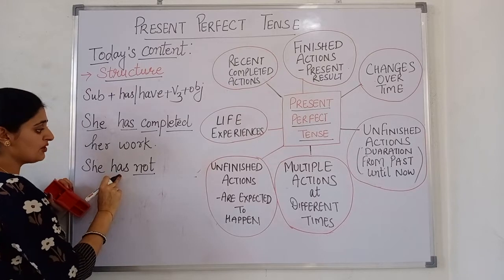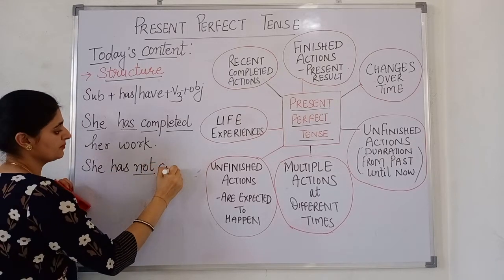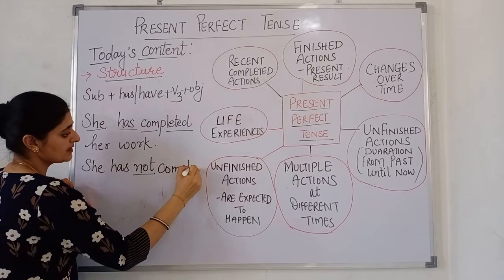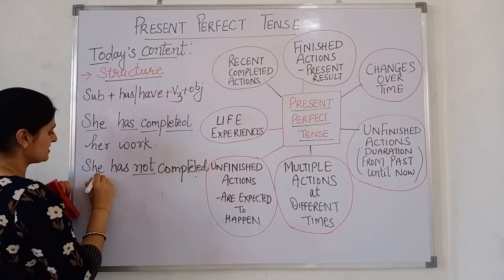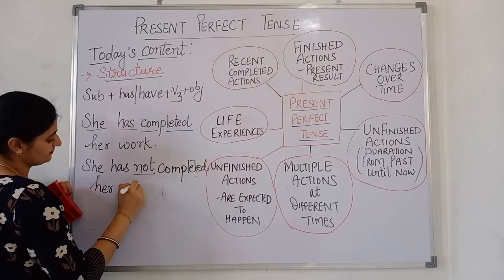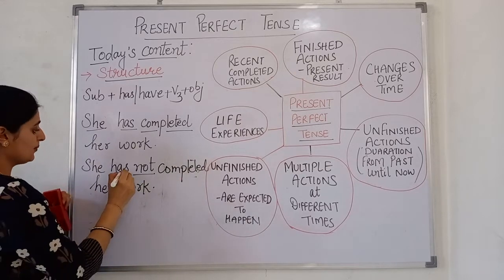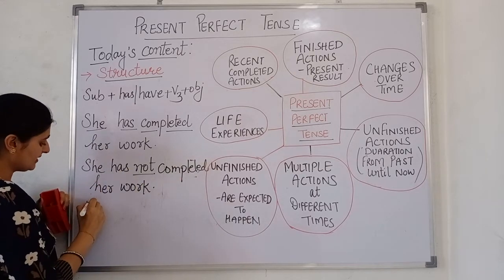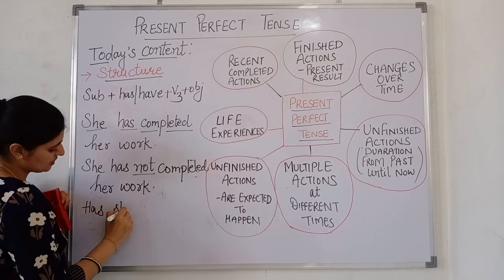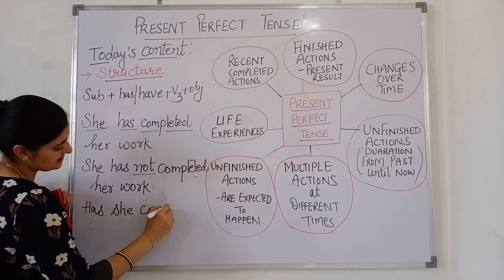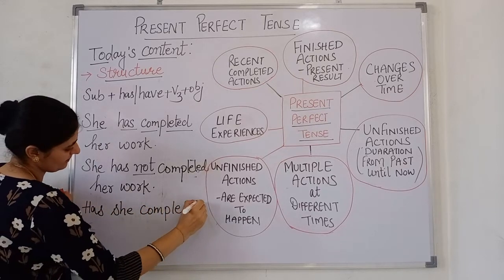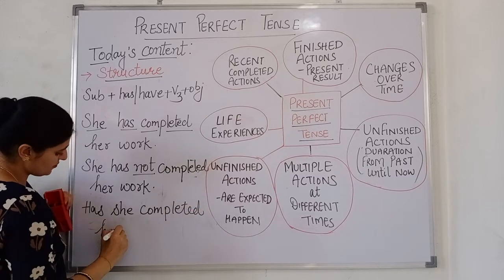Between the helping verb and the main verb. She has not completed her work. Now change it into interrogative. Put has at the initial point. Has she completed her work?